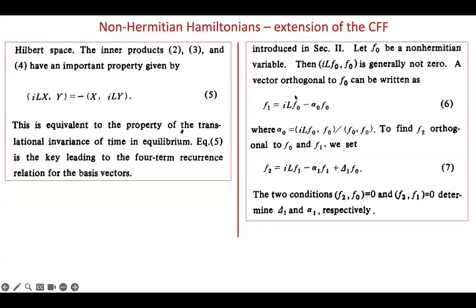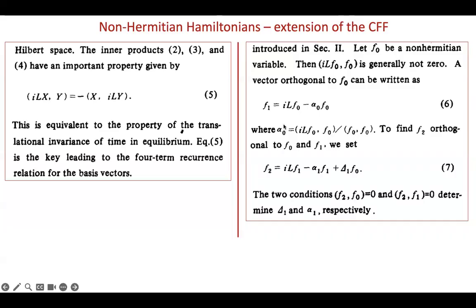This one is a time evolution type dependence. This is a time independent dependence. It's not really time evolution, it's a commutator, but it has implications on time evolution. And this has implications on the earlier basis vectors' properties itself.